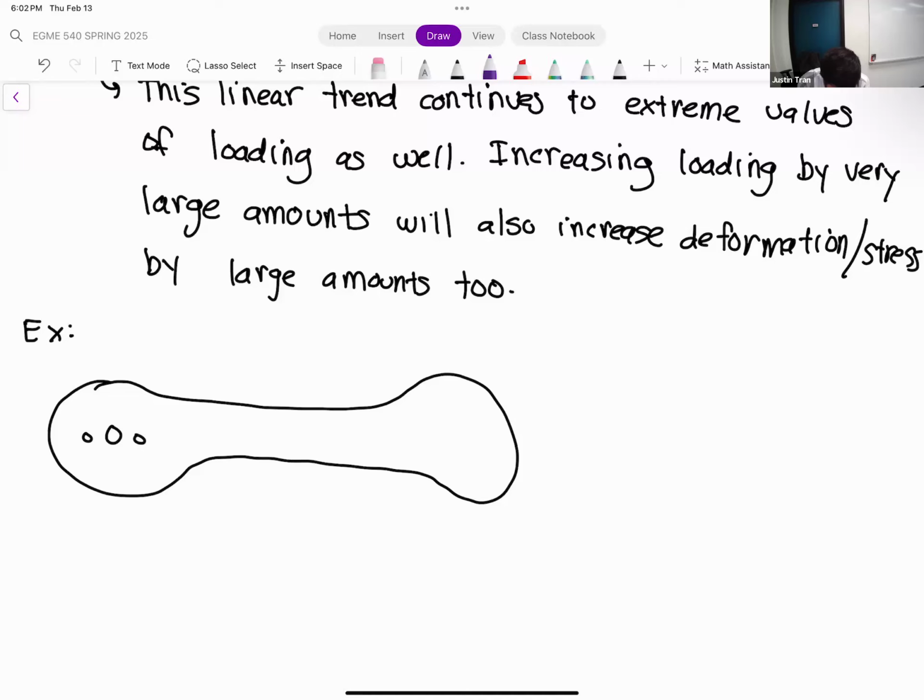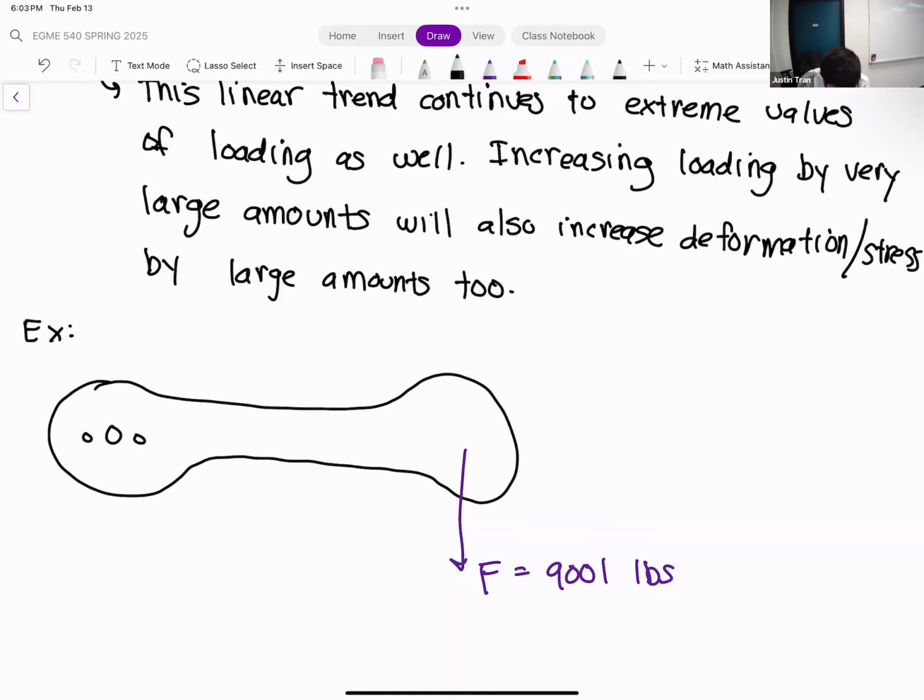Let's increase the loading here to, I don't know, let's increase it to 9,001 pounds. So if our trend still kind of holds, then all of our deformations and all of our stresses are going to be multiplied by around 90. Okay?